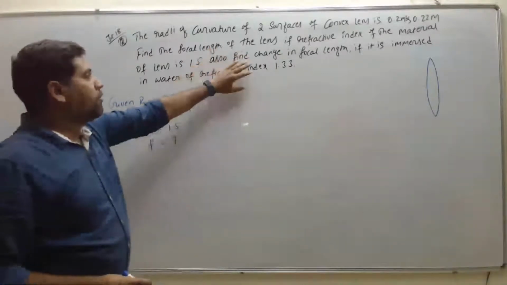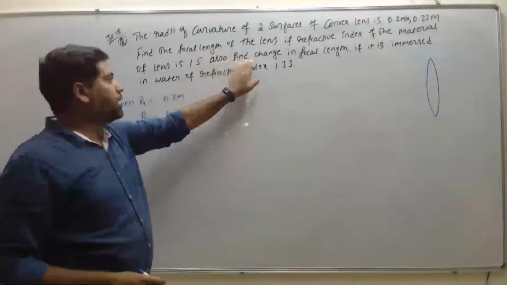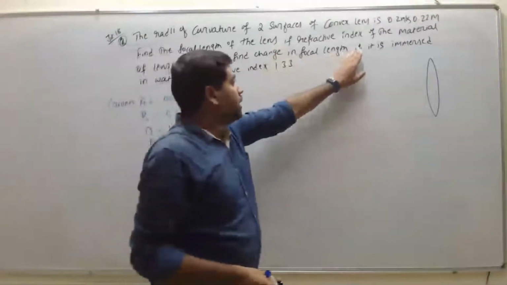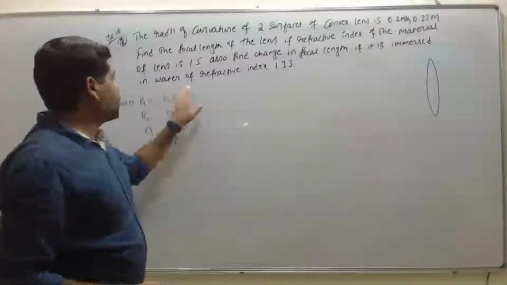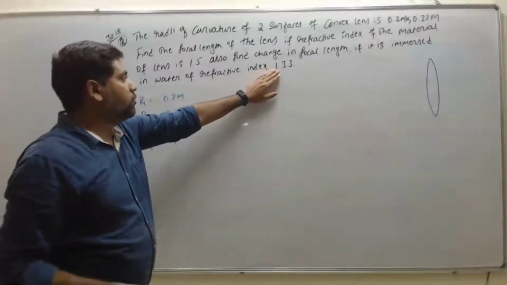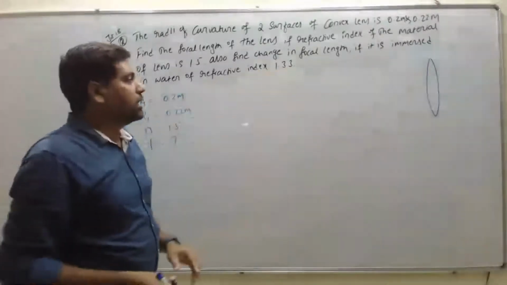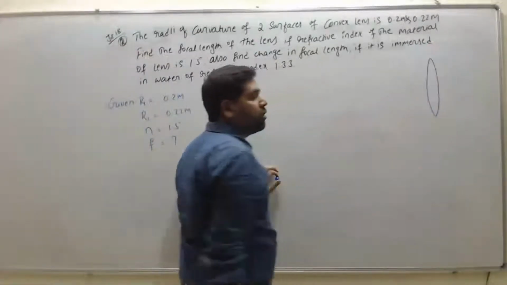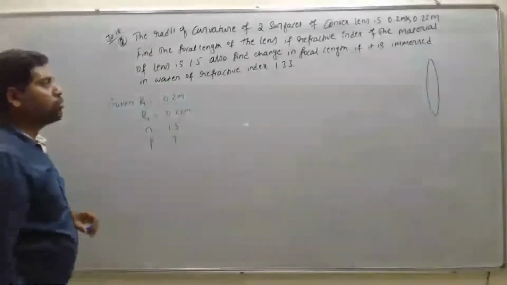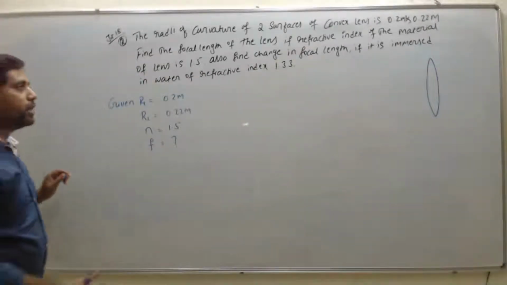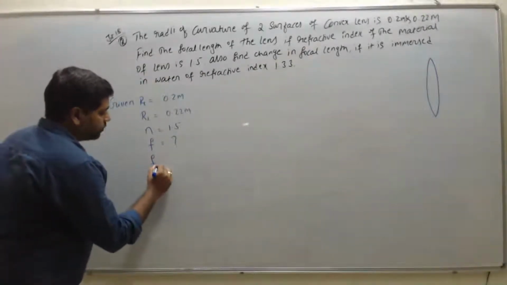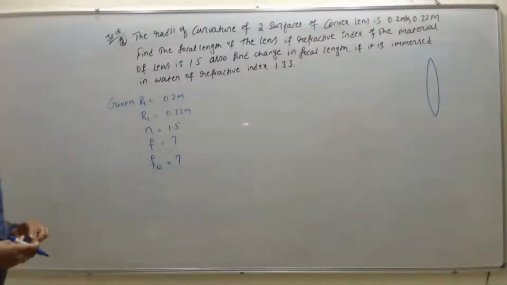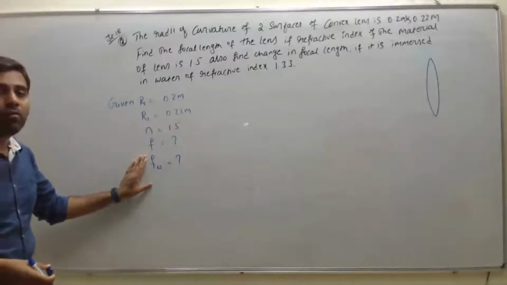The question is further extended. Also find the change in focal length if it is immersed in water of refractive index 1.33. That is, the same convex lens is immersed into the water. Then we have to find the focal length of the convex lens in water.